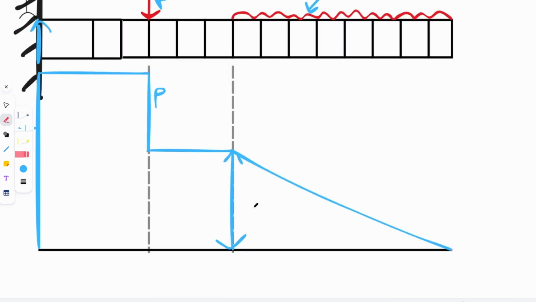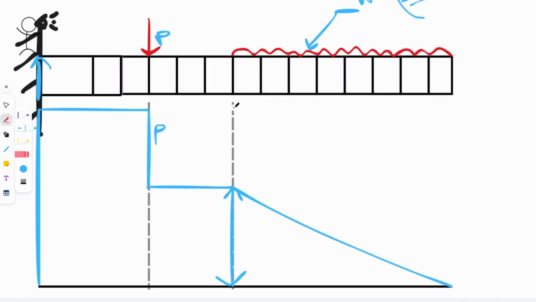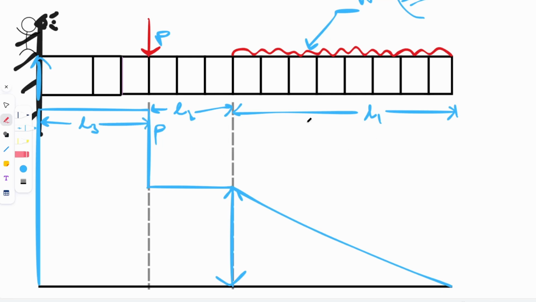If we look at this part of the triangle now, whatever the length of this is, say for example this is L1, let's say that this length is L2, and let's say that this is L3. Okay, great.